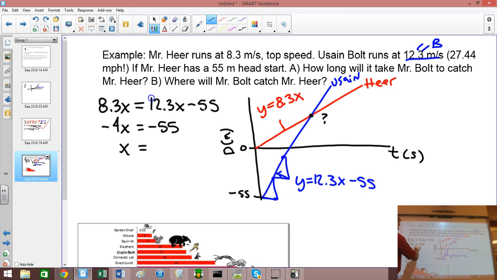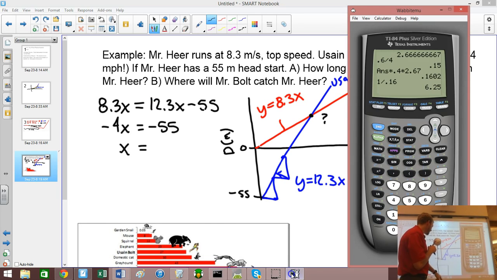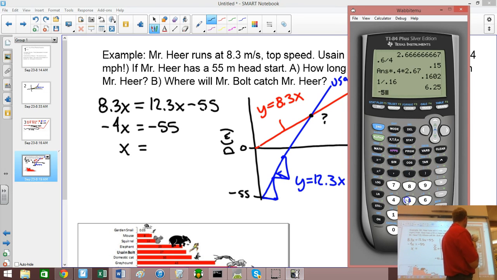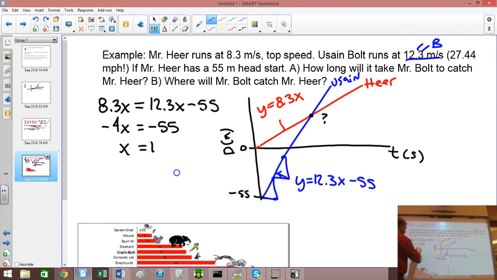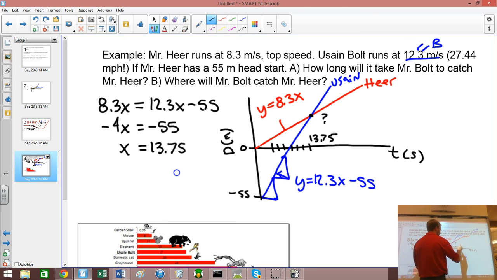So I divide by negative 4. I take negative 55 divided by negative 4, and I get 13.75. So that's the x value where they meet, 13.75, and the x value is time.